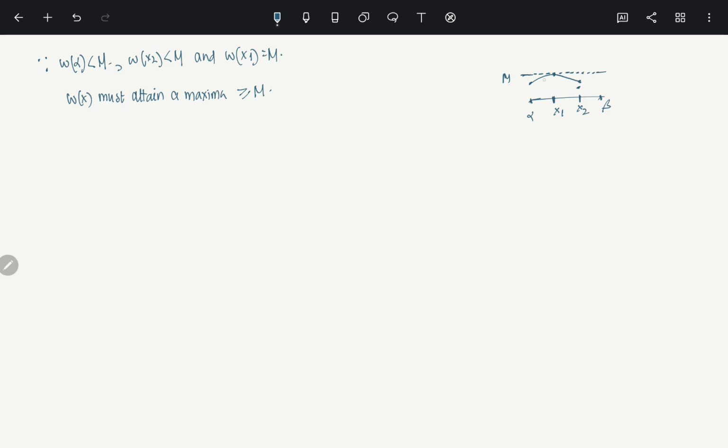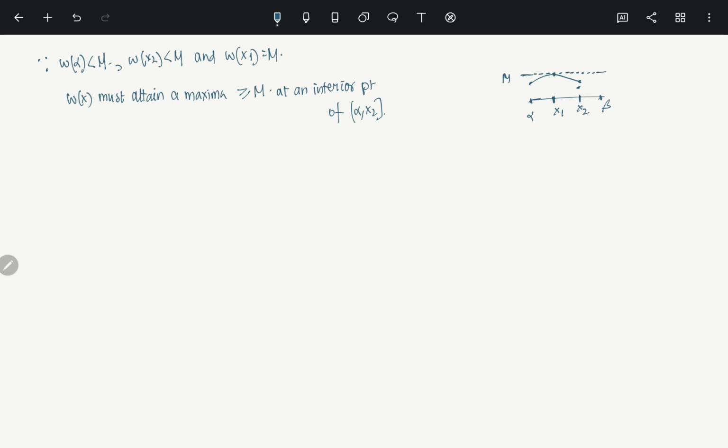At some point it's taking m, so basically the maxima will be at least m, or greater than or equal to m. It has to be in between alpha and x2, at an interior point of alpha x2. Between alpha and x2 there is a point where it is taking at least m, so the maxima is greater than or equal to m.